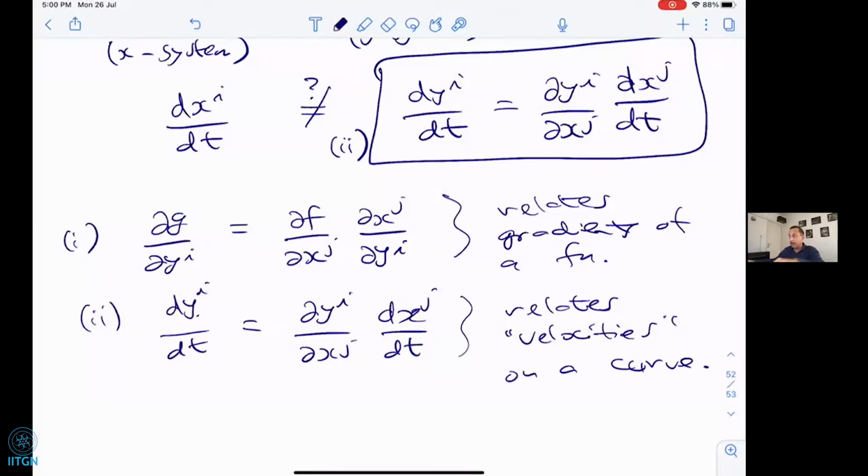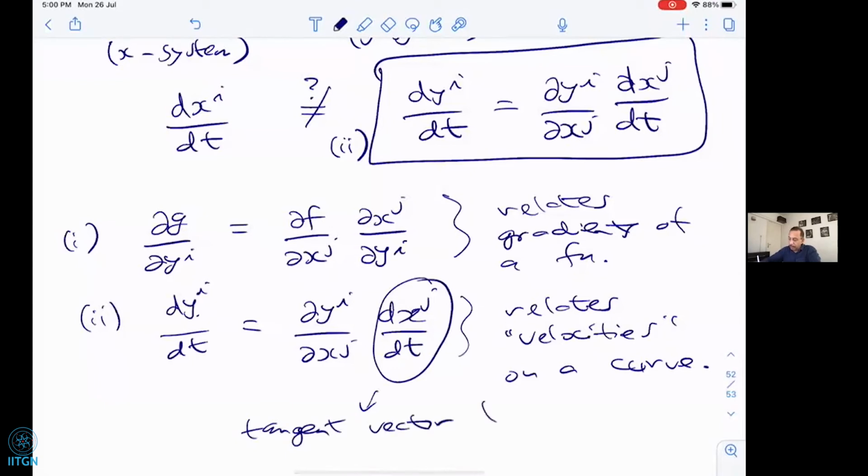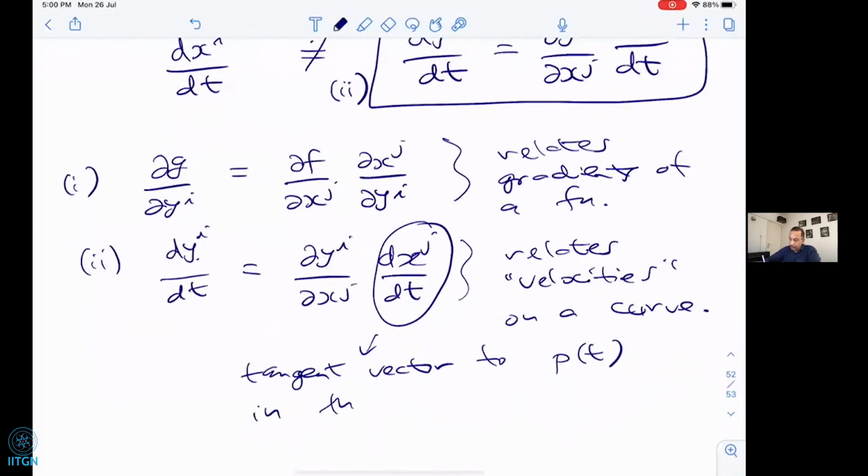Now let's give some words to these. The first thing is that this one is called the tangent vector to the curve P of t in the x coordinate. And this obviously is also the tangent vector, but in the y coordinate.